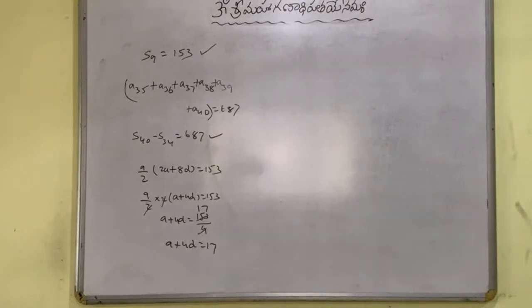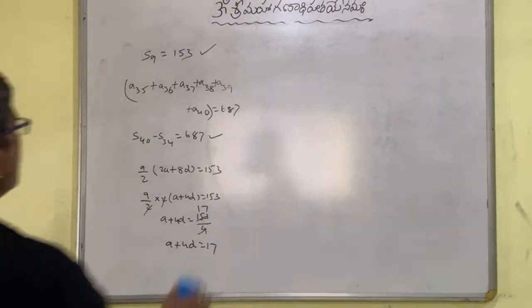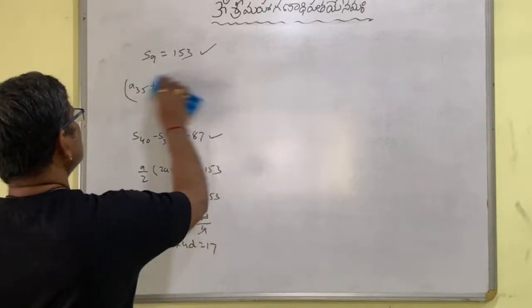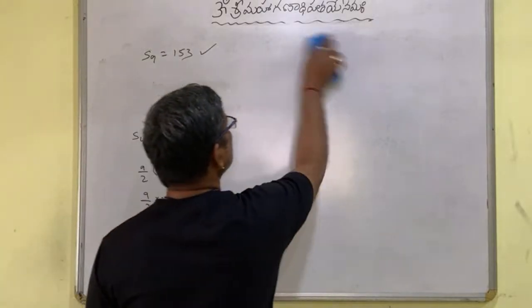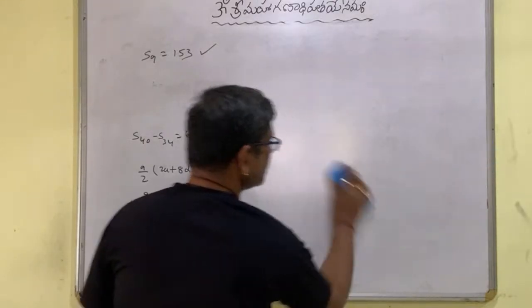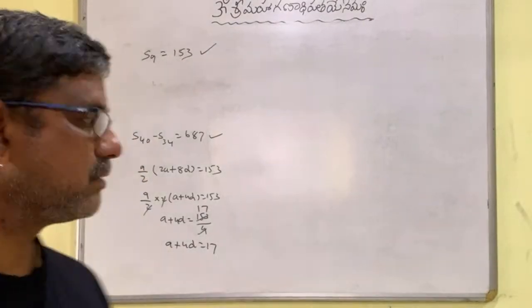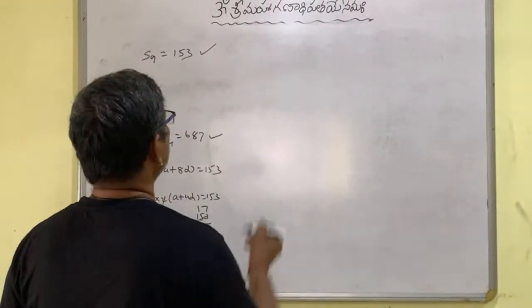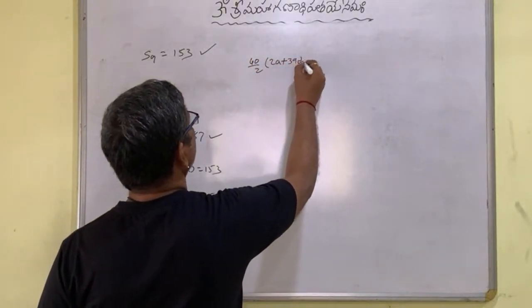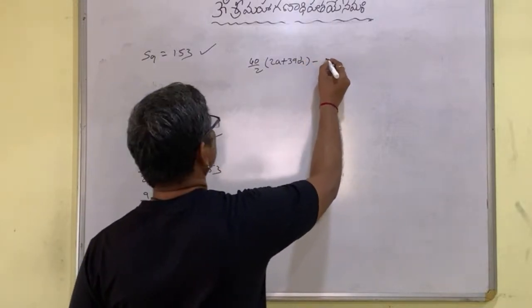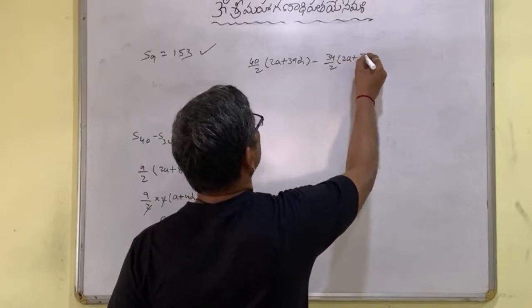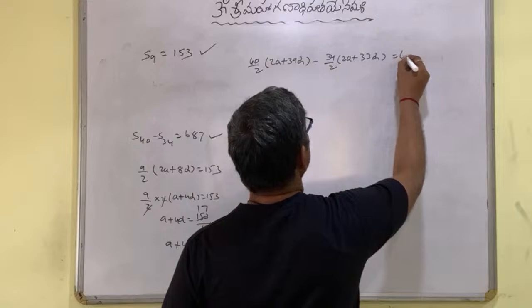Now second equation. Forty by 2 into 2a plus 39d minus 34 by 2 into 2a plus 33d is equal to 687.